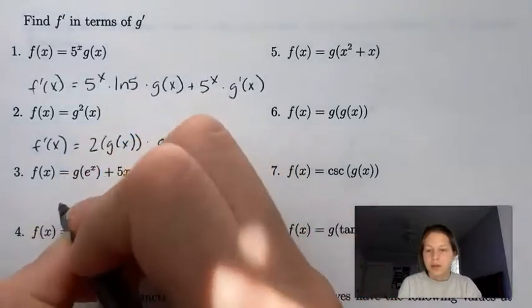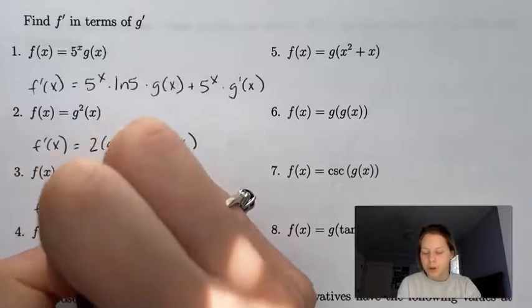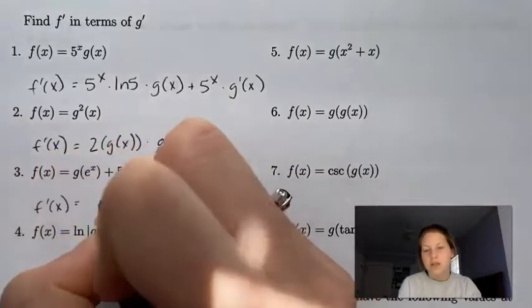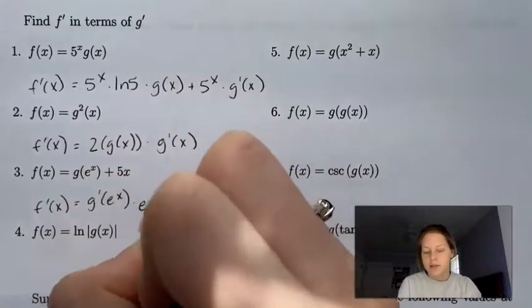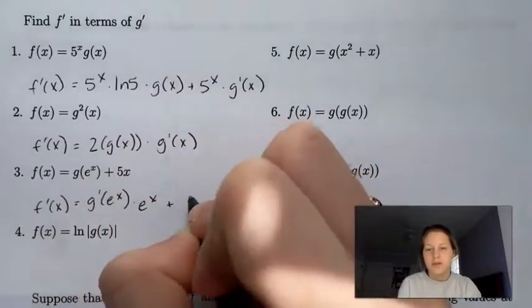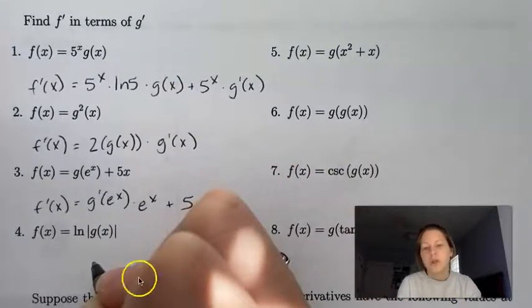Okay, so moving on to number three. Here we do the chain rule for the first part, so we get f prime of x equals g prime of e to the x times e to the x plus 5, which is the derivative of 5x. And here I just want to point out that when we do the chain rule, we multiply by the derivative of the inside function.